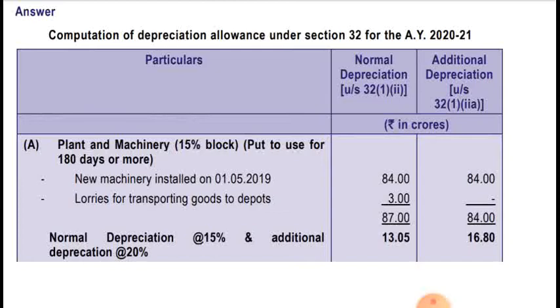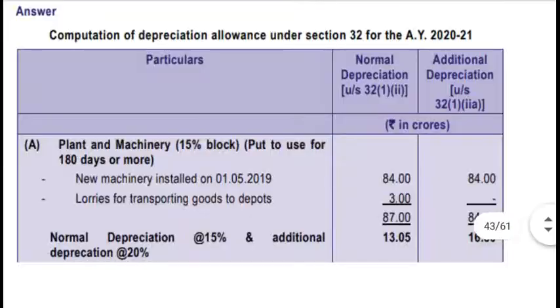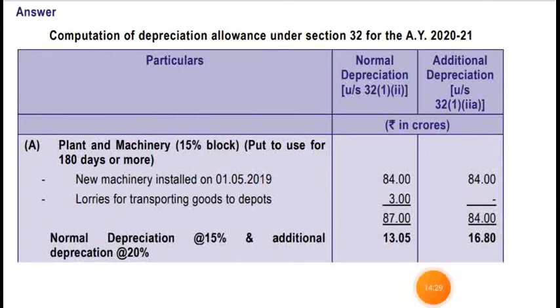So in both the columns it is written 84 lakhs, and it is used for more than 180 days. Then a lorry for transportation of goods to depot, 3 lakhs, on which only normal depreciation will be allowed. Additional depreciation is not allowed, because it is not covered in the machinery part. It is written in the additional depreciation section that on ships, aircraft and transport vehicles additional depreciation is not allowed.